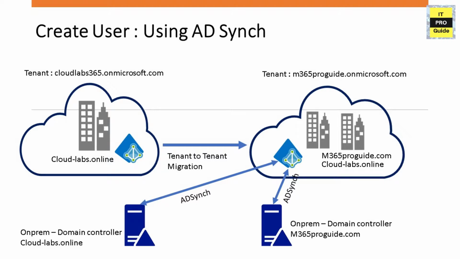If you have such a setup and you're going to do a tenant to tenant migration, then you have to break the Active Directory synchronization with the source tenant and change the connection to the target tenant, so that all the users synchronize to the target tenant. This way, you can easily create accounts in the target tenant.